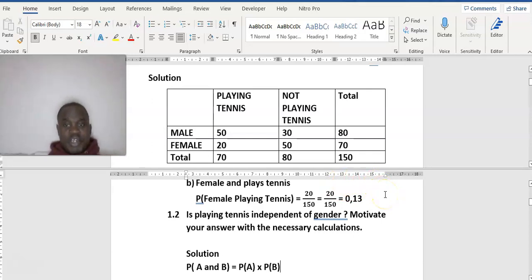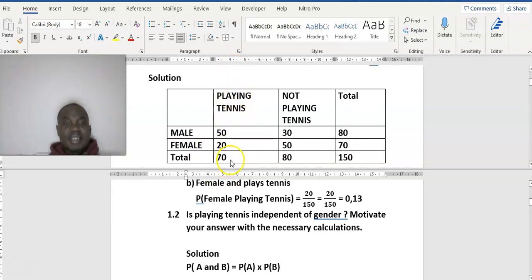But this question is asking, is playing tennis independent of gender? For it to be independent, it means playing tennis, the whole of this, is playing tennis.